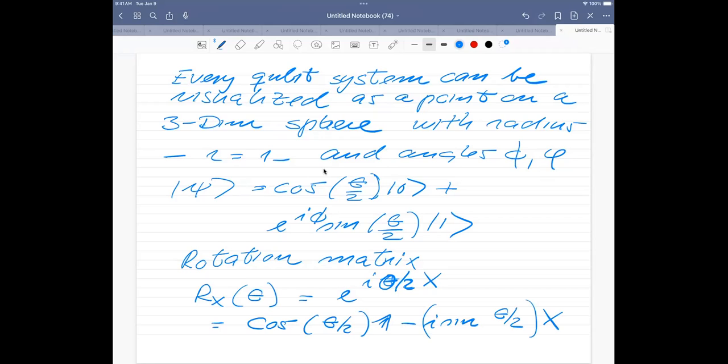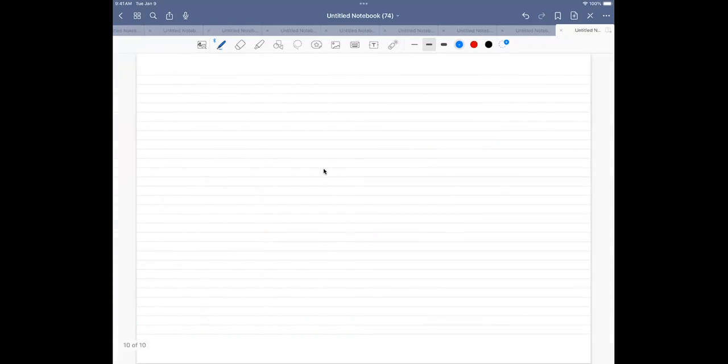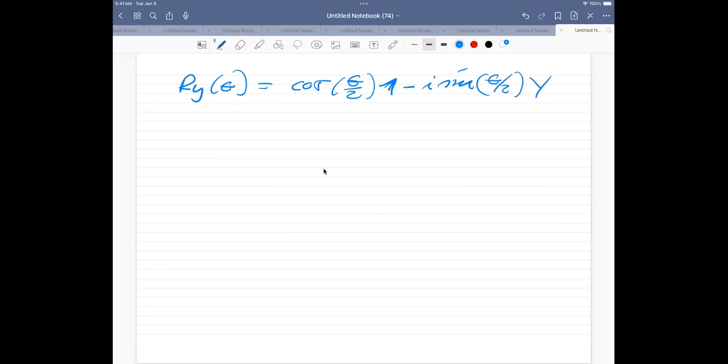And then you can do the same thing with a rotation along the y-axis and a similar rotation around the z-axis. I'm just setting up the definitions here. So you would have an Ry of theta, which is again a cosine of theta half multiplied with the identity matrix minus an i sine of theta half multiplied with the Y matrix.